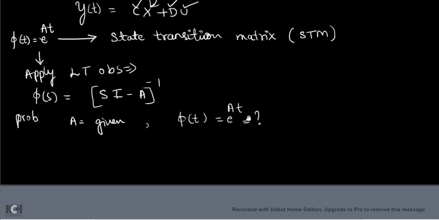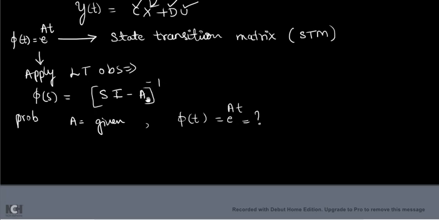So which is the method to find state transition matrix? First you calculate this matrix, SI minus A whole inverse. I means identity, S means the Laplace parameter, A stands for the state transition matrix given in the problem. That you subtract. After subtracting, you take inverse of the matrix.